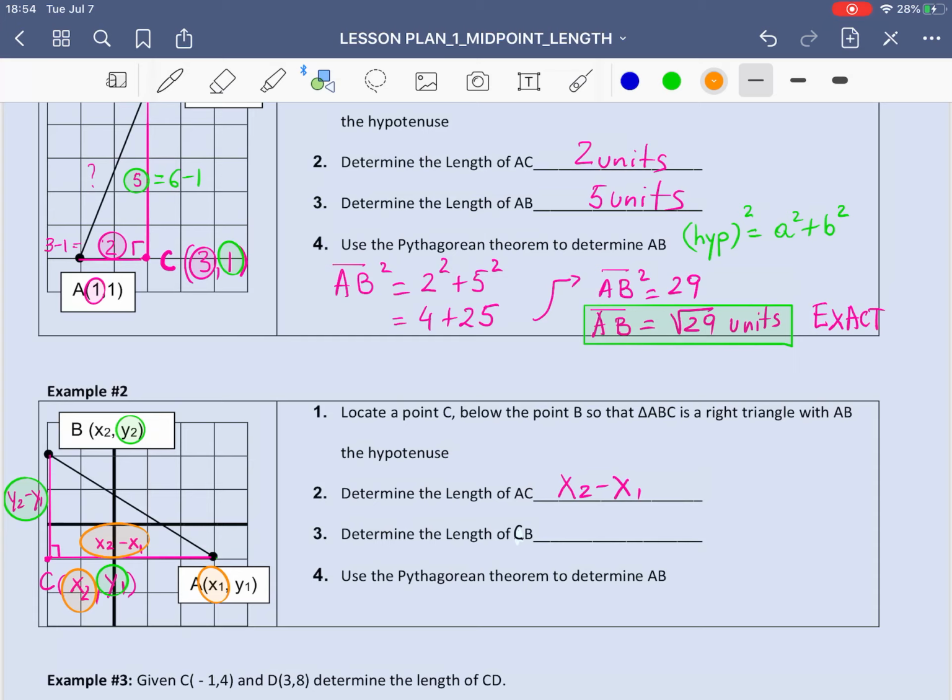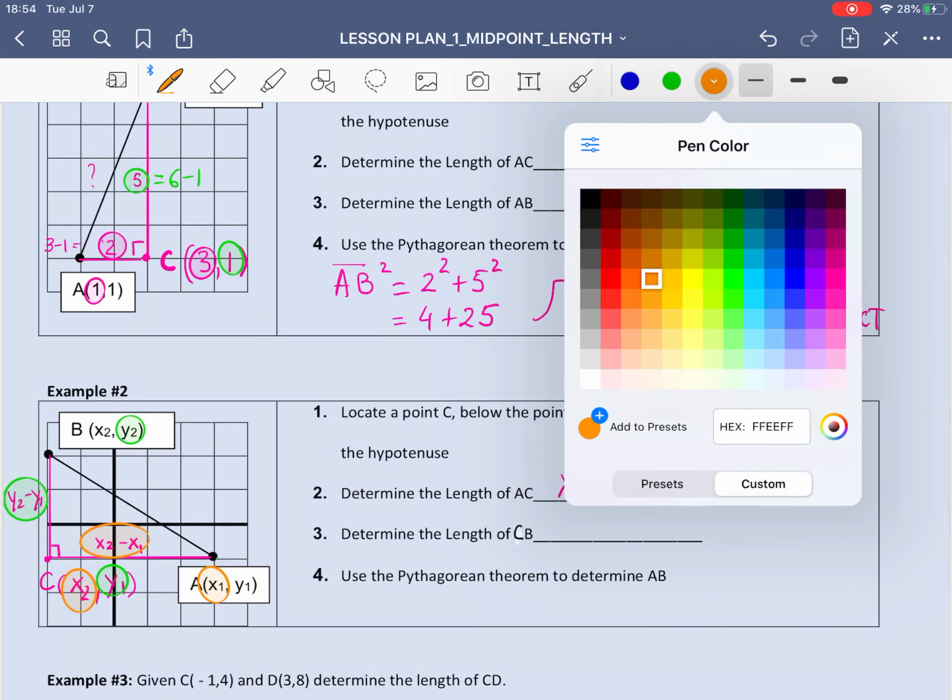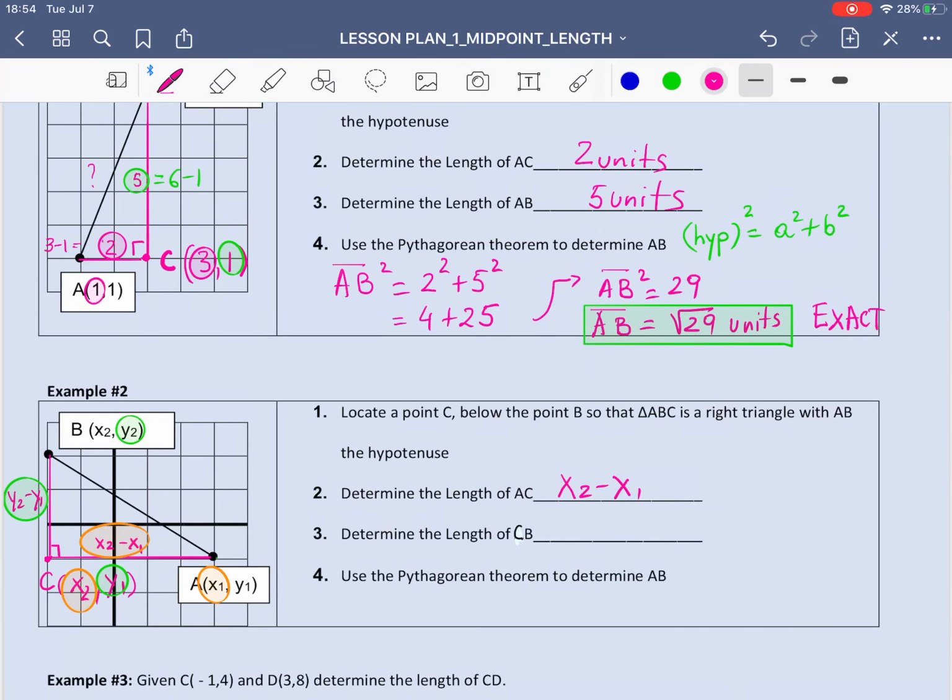So we're going to say that the length CB is, I'm going to go back to my purple pink kind of color, y2 minus y1. So if we want to find the hypotenuse, which is the length of AB, we're going to say this one squared must be one side squared, so x2 minus x1 squared, plus y2 minus y1 squared.